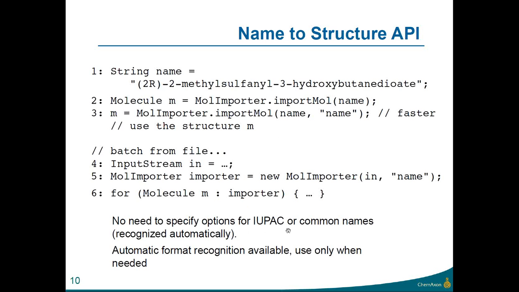Another remark is that you don't need to specify options to say that you're converting systematic names, IUPAC names, or common names. They're all handled in the same way and recognized automatically. So if you make a web application or a GUI application and you want people to type some structure, you can let them type indifferently a SMILES, a name, or an InChI, and recognize it using this API.